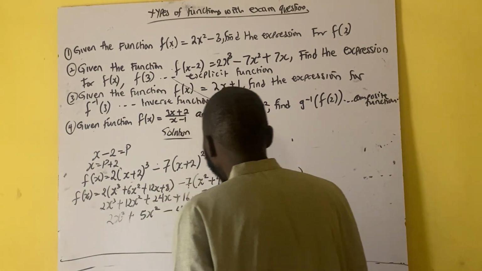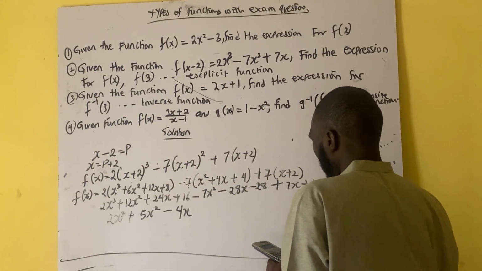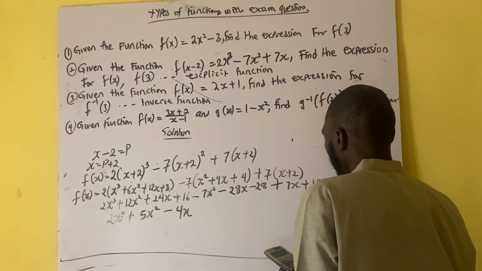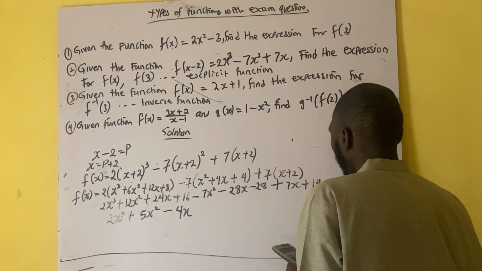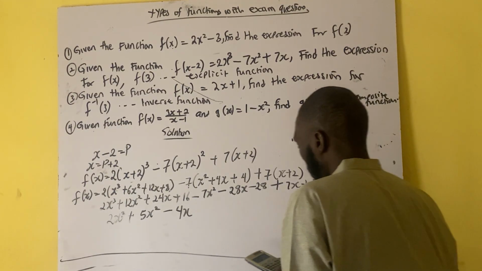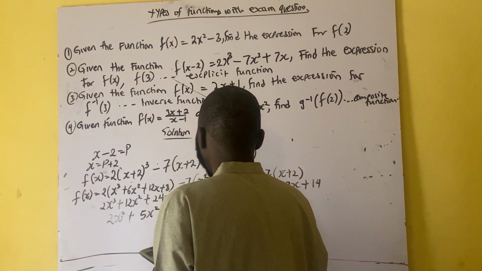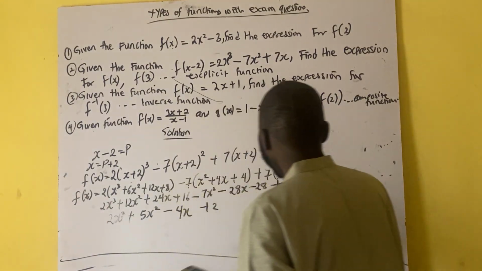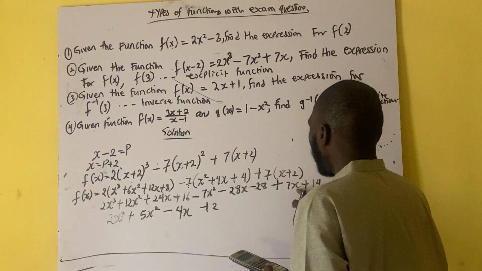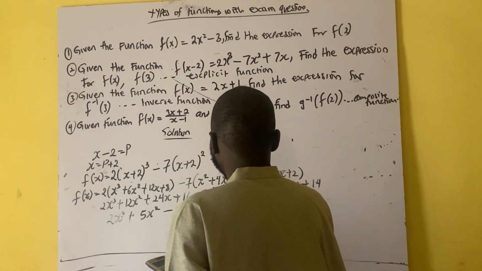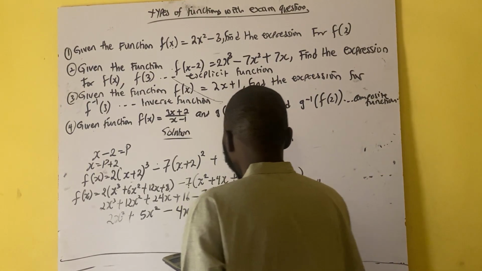So what I have here is that I have 16 minus 28 plus 14. I have plus 2. Remember, I still have plus something here. So and I have plus 7x here as well.